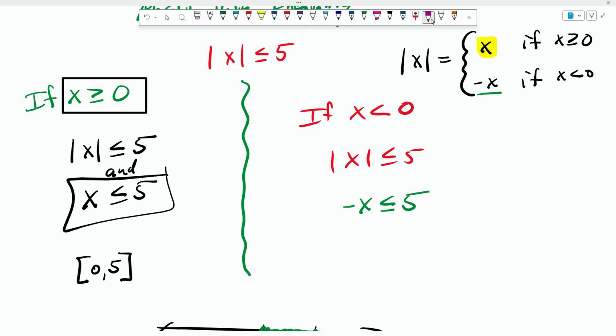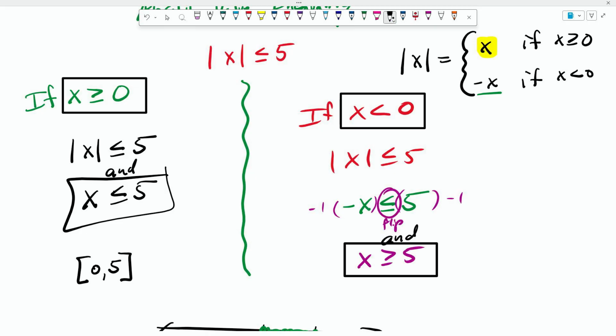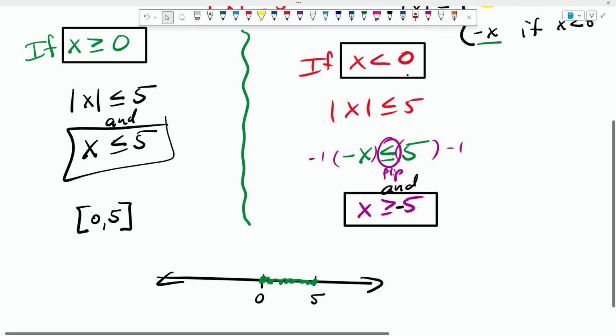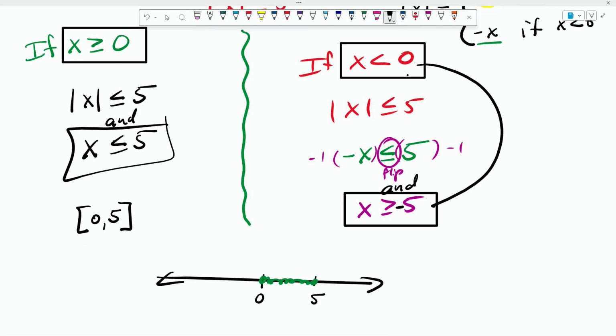Multiply by negative 1. And when we multiply by a negative, we have to flip the sign, so it's greater than or equal to negative 5. So all the numbers that are less than 0 and greater than or equal to negative 5 make up this solution set. Draw those numbers.